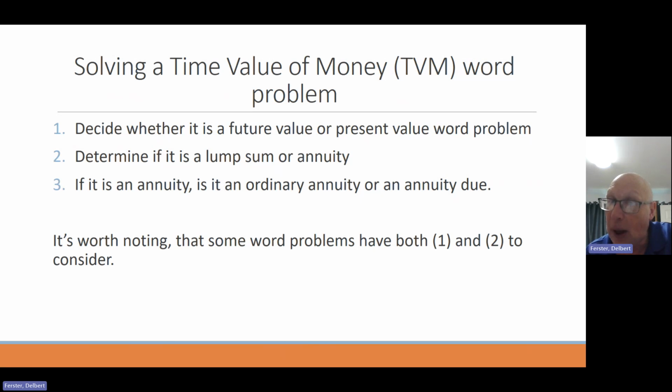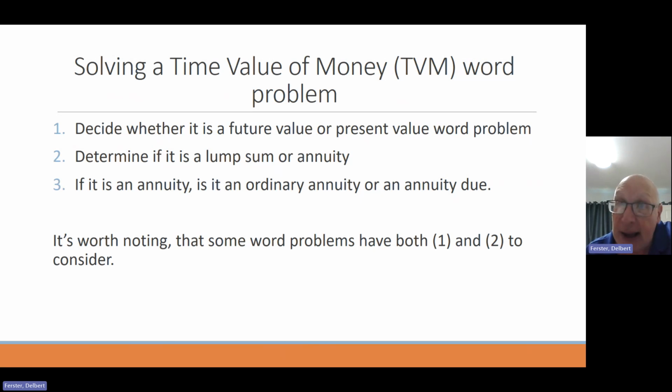If it's a single lump sum, that's different than an annuity. If it is an annuity, which kind? Is it an ordinary annuity or an annuity due? We've seen in the last few videos that we have two distinctly different formulas for those two types of annuities, so it's important to read the problem critically and draw some inferences before we try to solve.